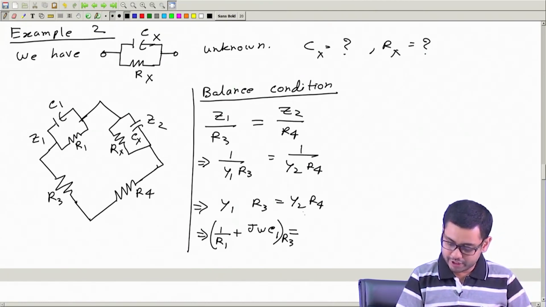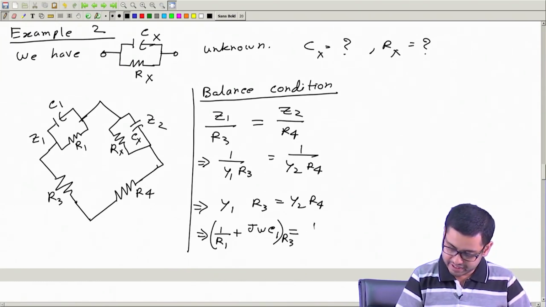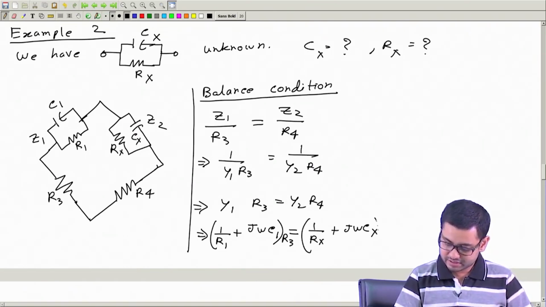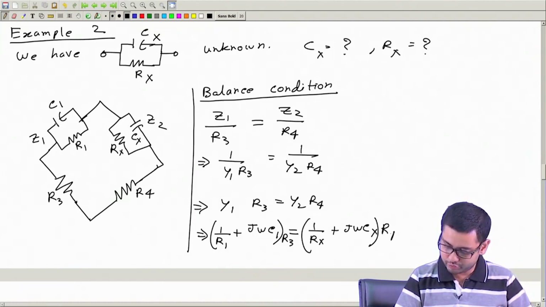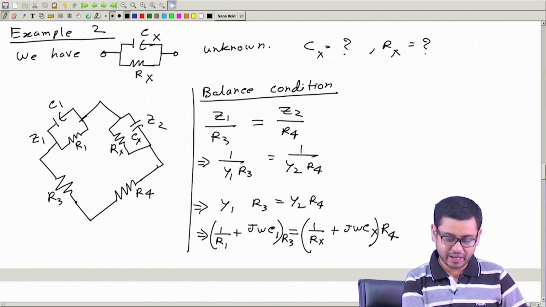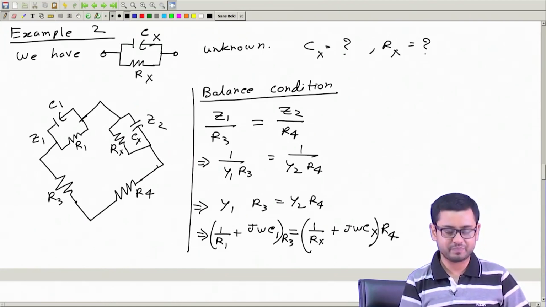In place of y2 we can write 1 by Rx plus j omega Cx, multiplied by R4. Observe that it is easier to deal with admittance because these branches are in parallel.